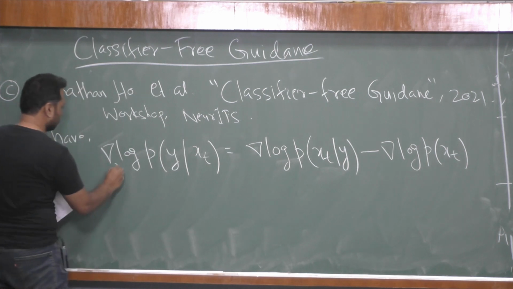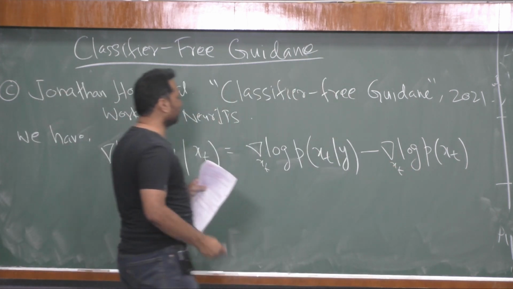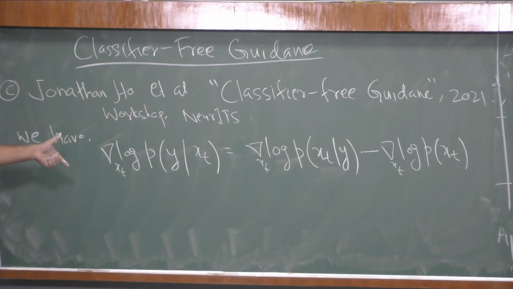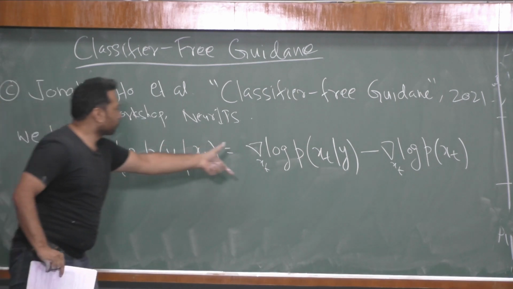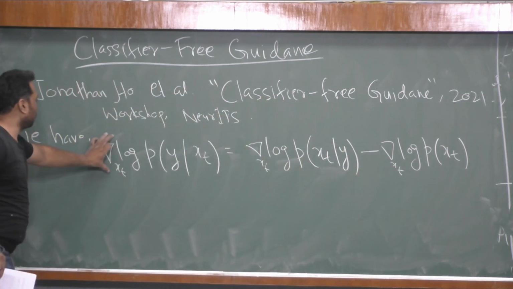Remember that these grads are always with respect to xt. Sometimes I forget. So this is just the first equation. Earlier we wrote this is equal to this plus this, but now we solve for the classifier.